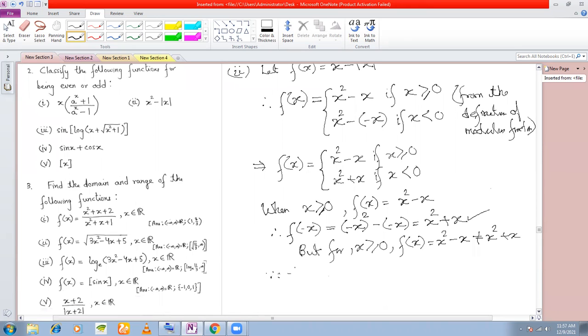Therefore, f(x) is neither odd nor even. So it is not necessarily possible that every function will be either even or odd. There will be functions that are neither even nor odd.